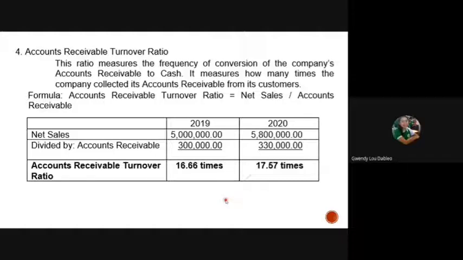So paspas na ang pag-collect. Kay when we say accounts receivable, si customer ang nangutang ani. That's why the company recognized accounts receivable. So pag dako or taas ang number of times nga makolekta ang imong receivable, pasabot daw, effective ang company in terms of collection policies.